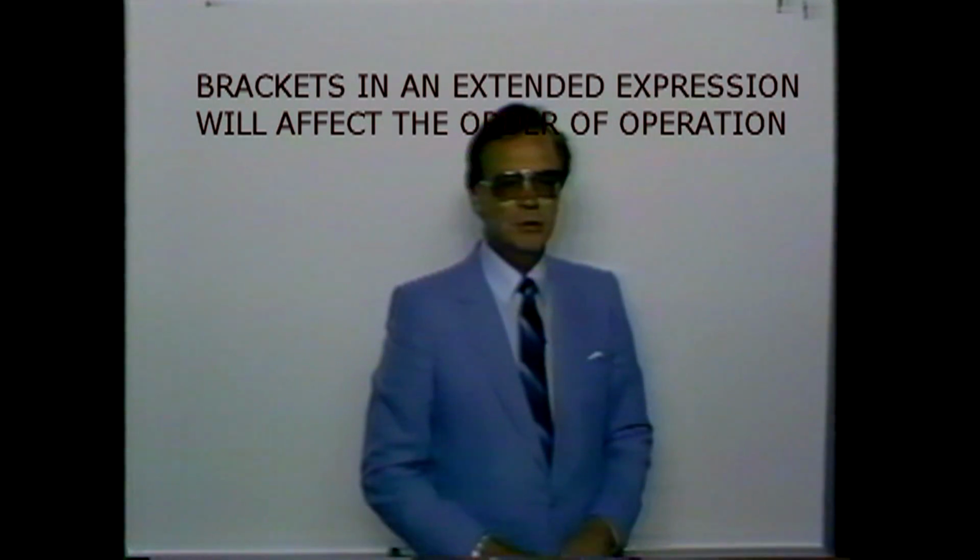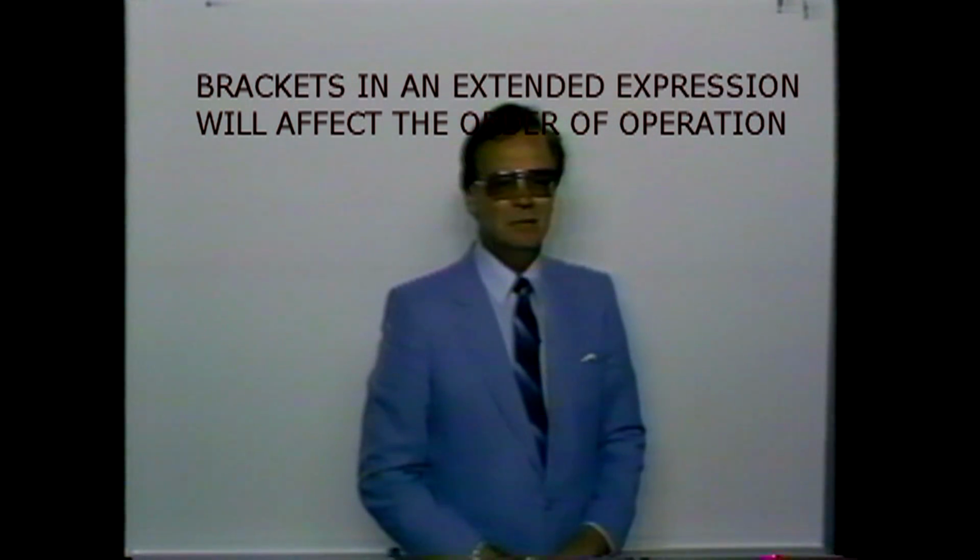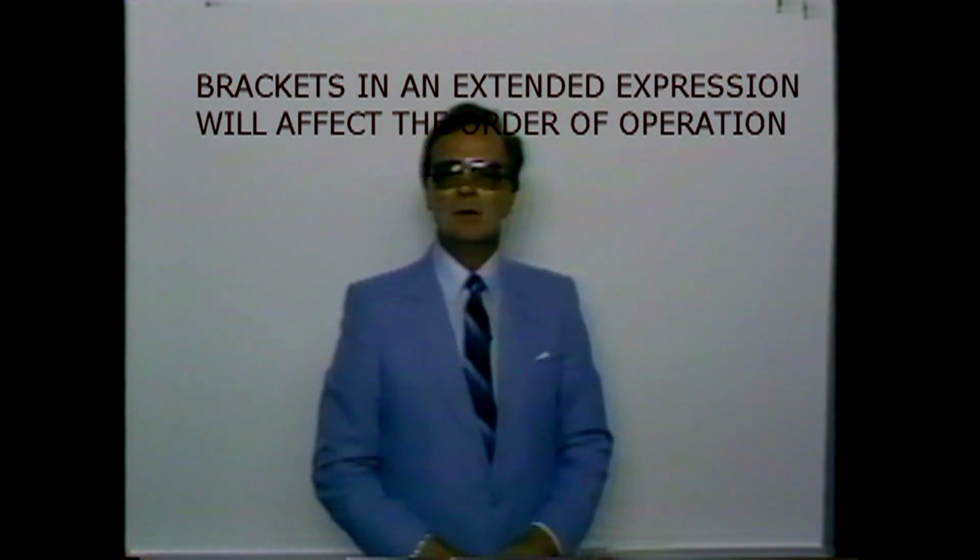When brackets occur in an expression, the order of operations can be altered or changed by them. The general rule regarding the effect brackets have is that operations within brackets must be completed before continuing with the rest of the expression.